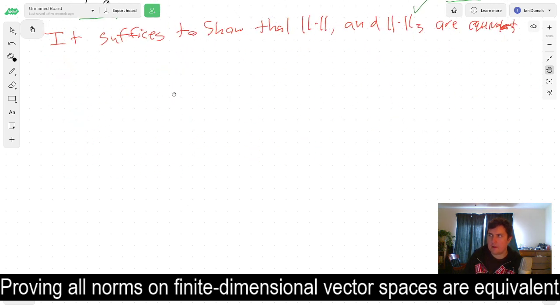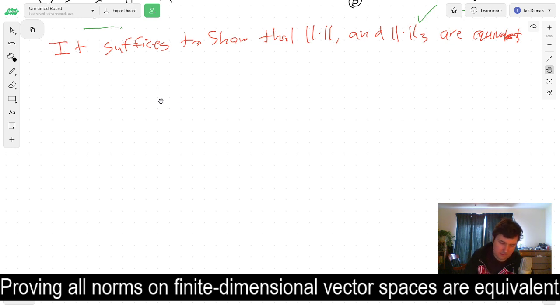All right, so now we're on to step 2. We want to show we only need to look at unit vectors instead of all vectors x.